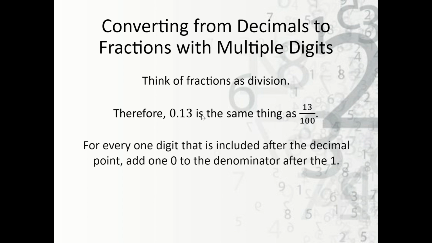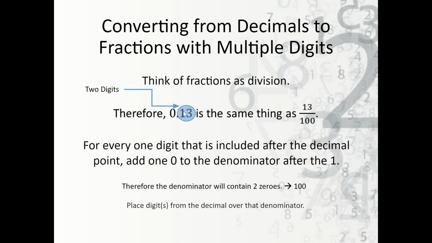So for every number after the decimal point, we include that many zeros. So in this case, there are 2 numbers. So there's 2 digits there. Therefore, our denominator will contain 2 zeros after the 1, so it'll be 100. Then we place this value over the top. So it's 13 over 100.